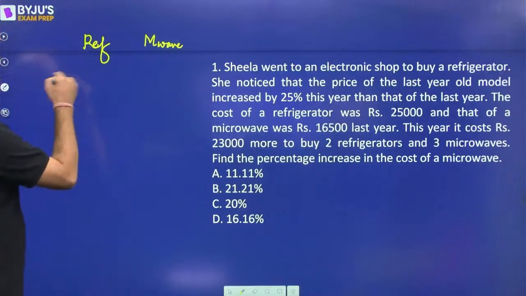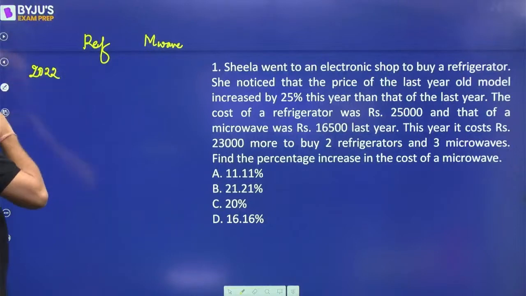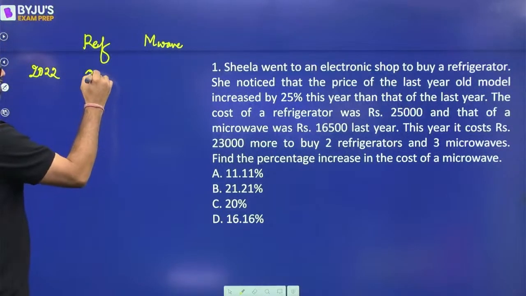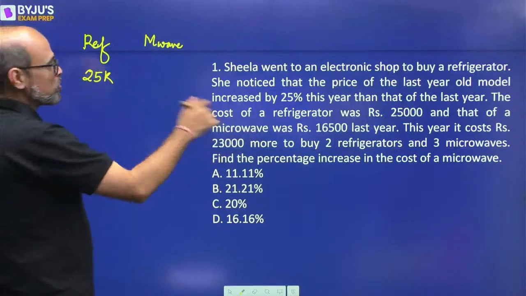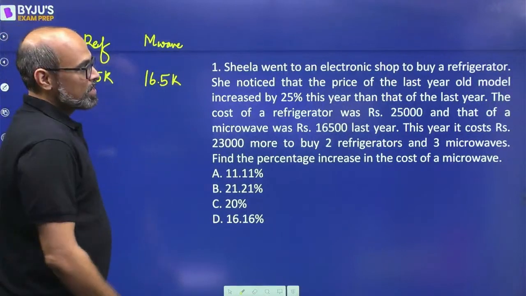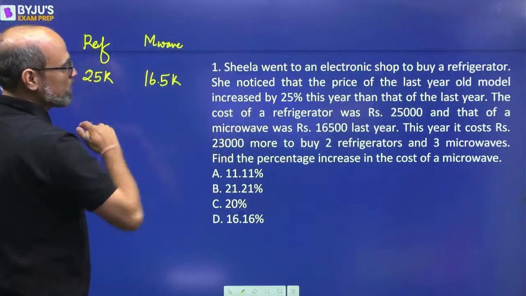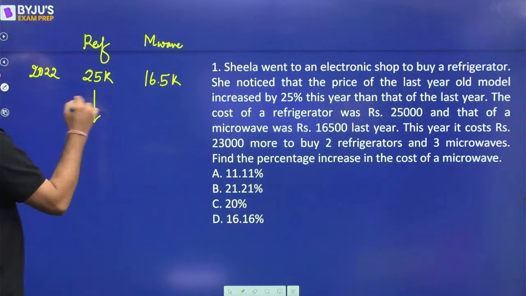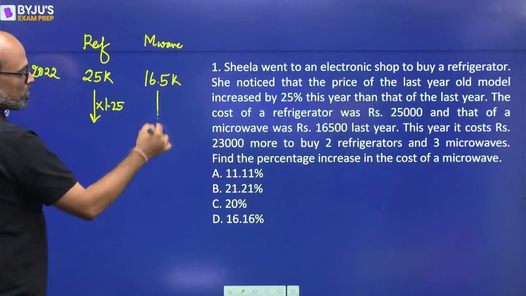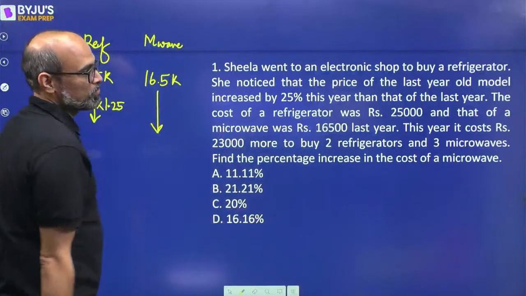If last year was the year 2022, the cost of a refrigerator was rupees 25,000 and the cost of a microwave was 16,500, right? And then it says the price increased by 25% this year, so it became 1.25 times. So this should also increase. What is the percentage increase? We don't know. We have the options for that.